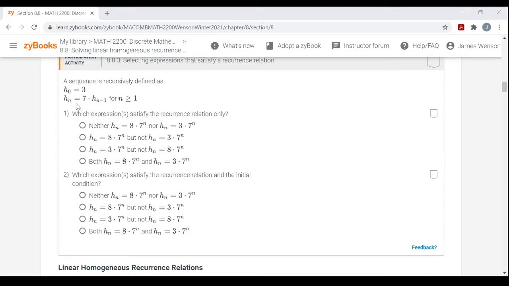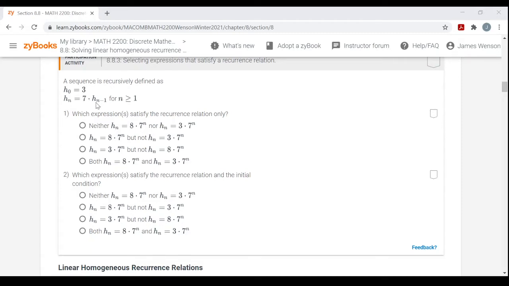All right. So another activity: h sub 0 is 3, an initial condition, and the rule is another geometric sequence. Every term is 7 times the previous term. So like earlier, if I went down to h sub n minus 2, n minus 3, n minus 4, and so on, all the way down to h sub 0, I'd have h sub n equals 7 to the nth power times h sub 0, so times 3.